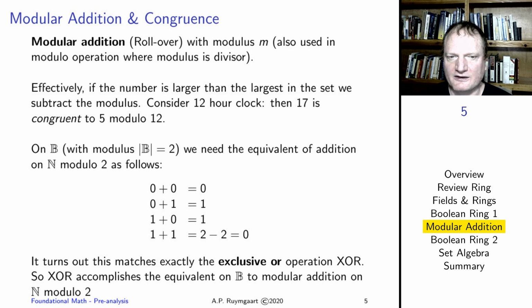It turns out that this exactly matches an existing Boolean operation called the exclusive OR or XOR operation. The XOR operation produces the list of values shown here. 0 XOR 0 equals 0, 0 XOR 1 equals 1, 1 XOR 0 is 1, and 1 XOR 1 equals 0. So we'll use the XOR to build our ring.